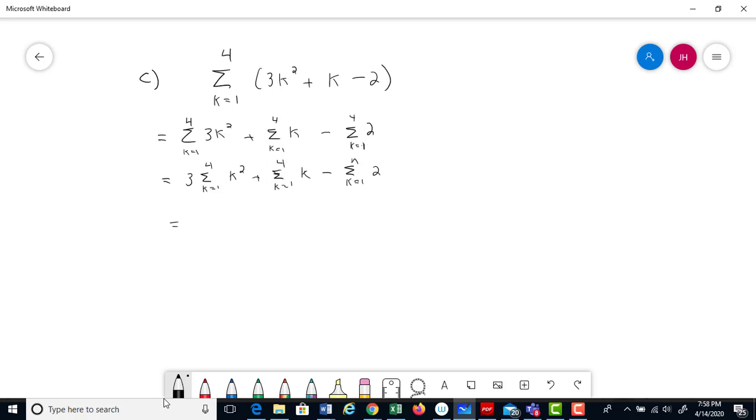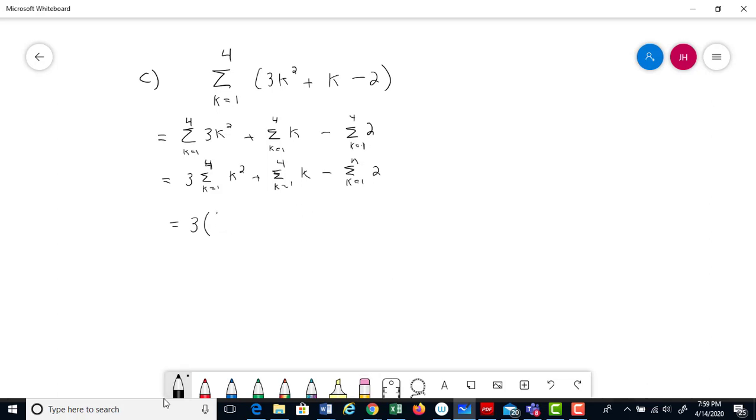So when I set this up, this is going to be equal to 3 times, well, remember what k squared was. It was n times n plus 1 times 2n plus 1 all over 6. But remember what n is. n is equal to 4.